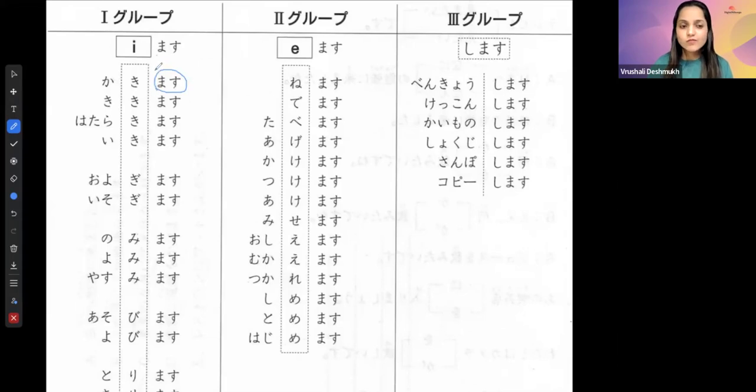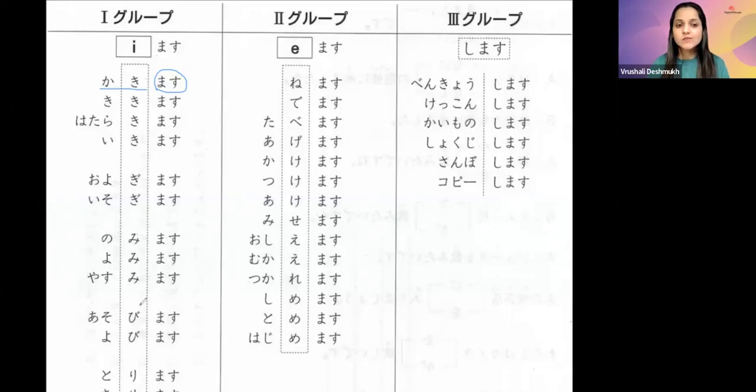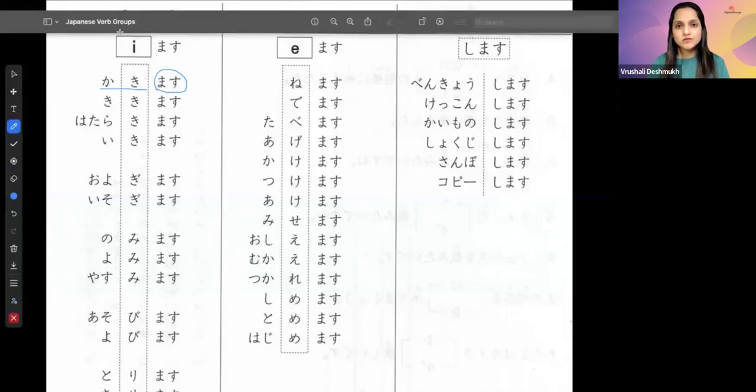If you remove masu from the particular verb and the remaining part is ending with any of the E sounds, ki, gi, mi, bi, ri, ni, then that verb is a group 1 verb.